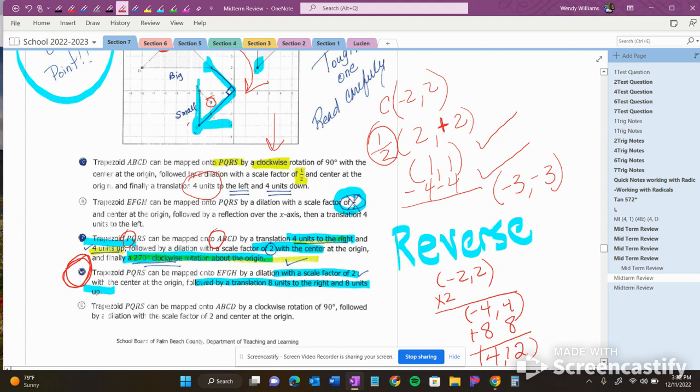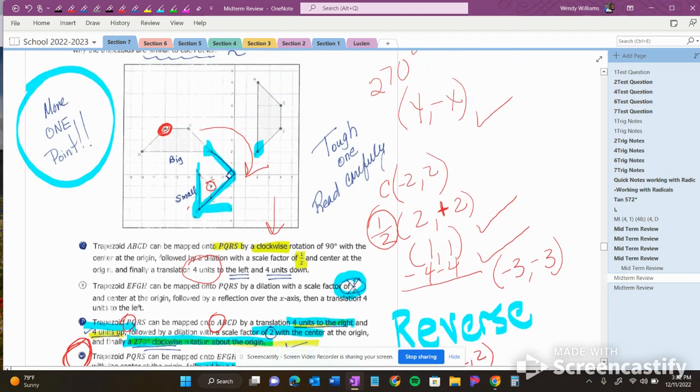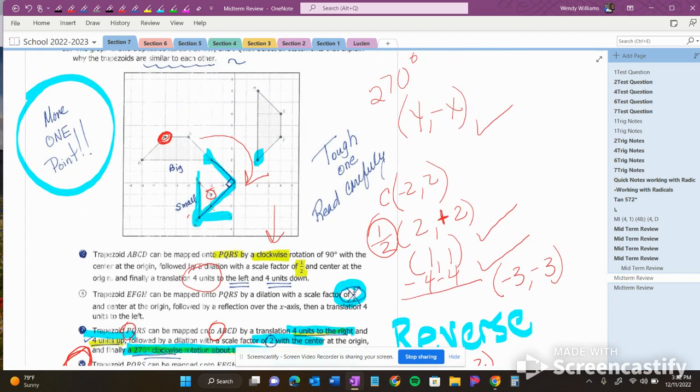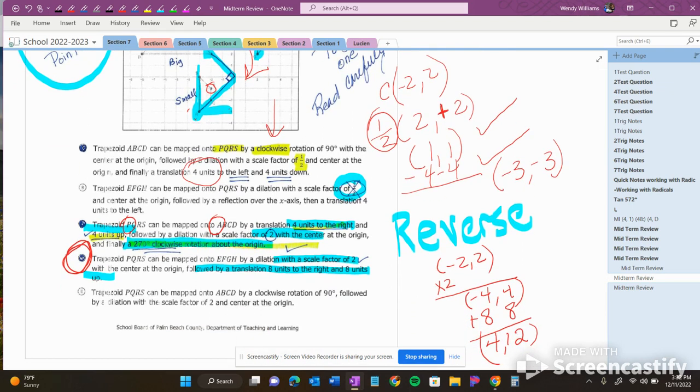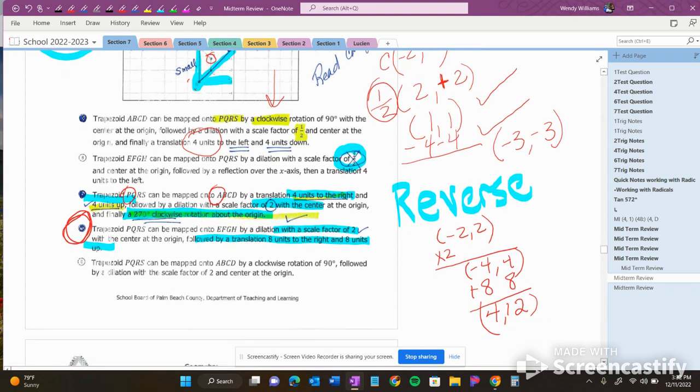Dilation with scale factor of 2 with the center at the origin, followed by a translation 8 units to the right and 8 units up should be at 4, 12. That one doesn't work. Let me come back to that one.